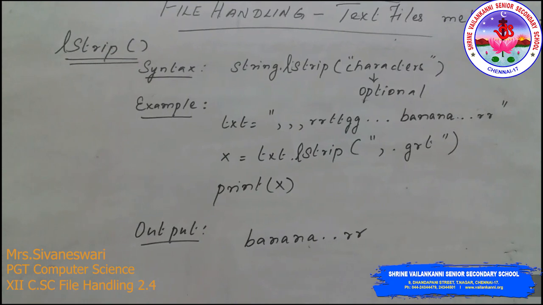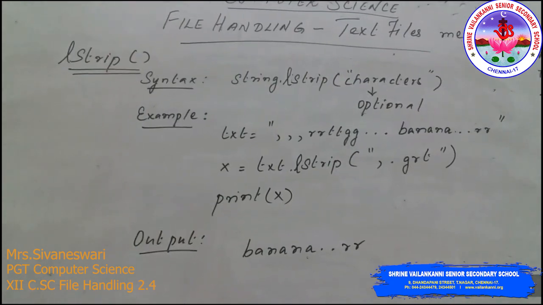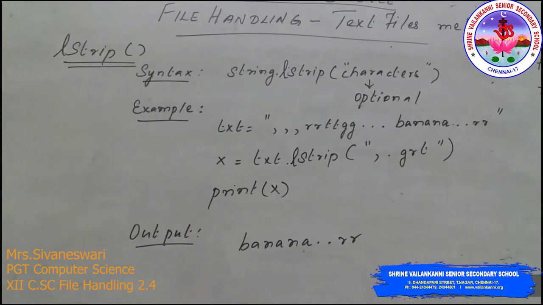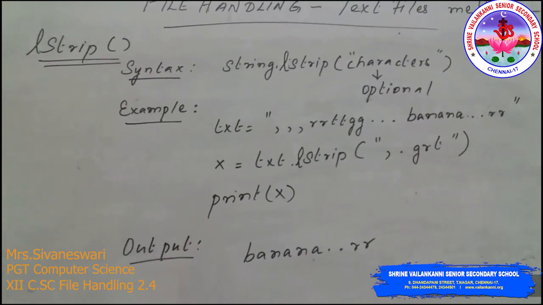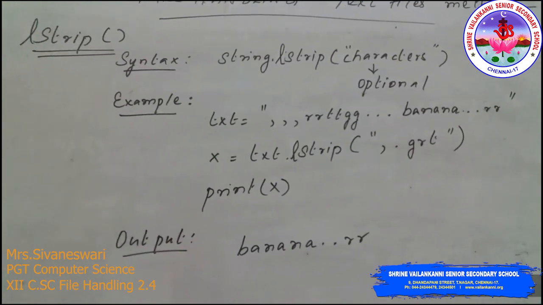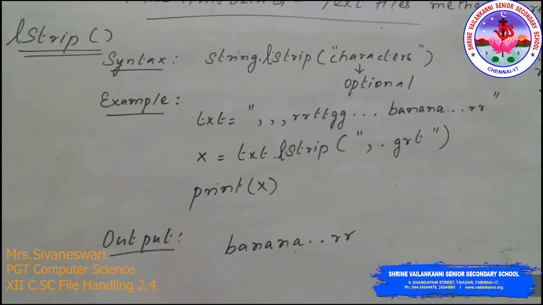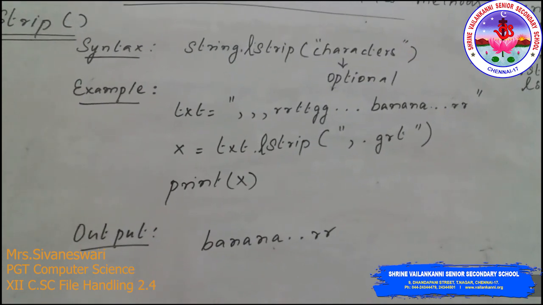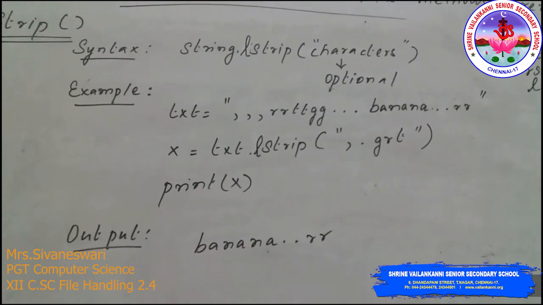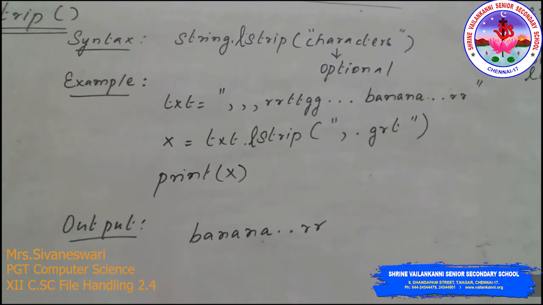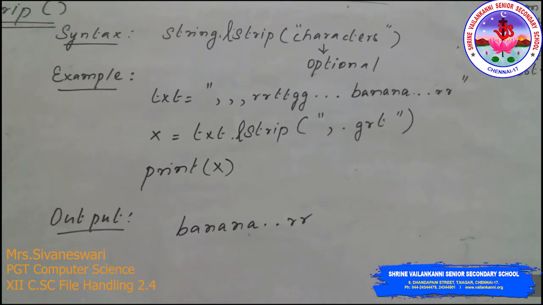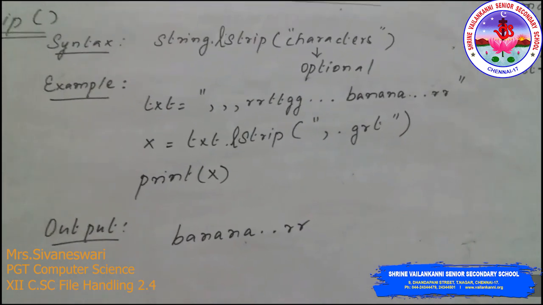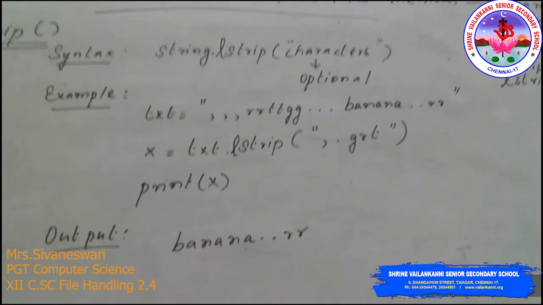Now lstrip. The syntax is string.lstrip(characters), which is optional. In the example, txt has the same string. Now x = txt.lstrip(',.GRT'), we specify comma, dot, G, R, T inside the quotes, and then print(x).